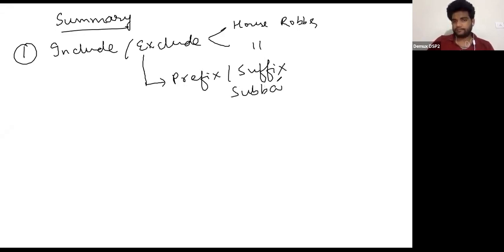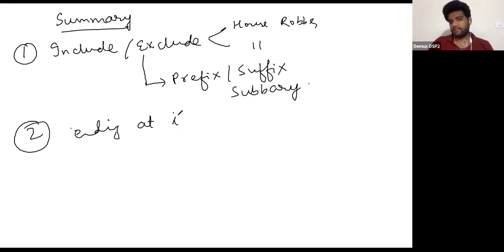And we looked at another type of decision, which was the decision of longest valid something ending at that particular index. If that is the sub problem, then my decision was either of these two.